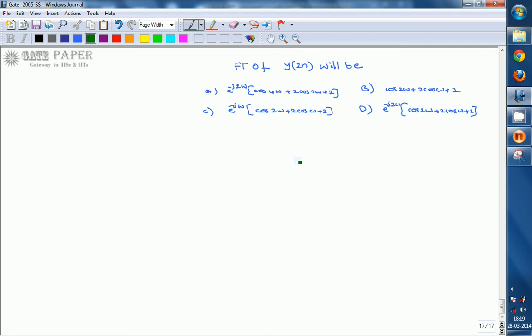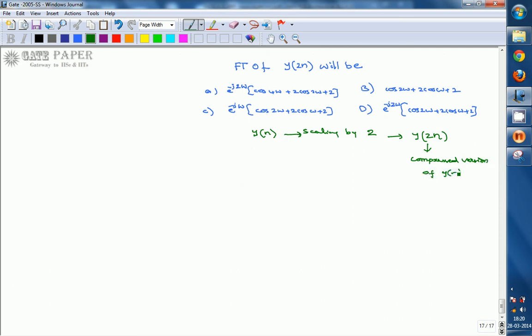We have y of n, and by applying the scaling by the factor 2, we will get y of 2n. So we know that y of 2n is nothing but the compressed version of y of n by the factor 2 here.